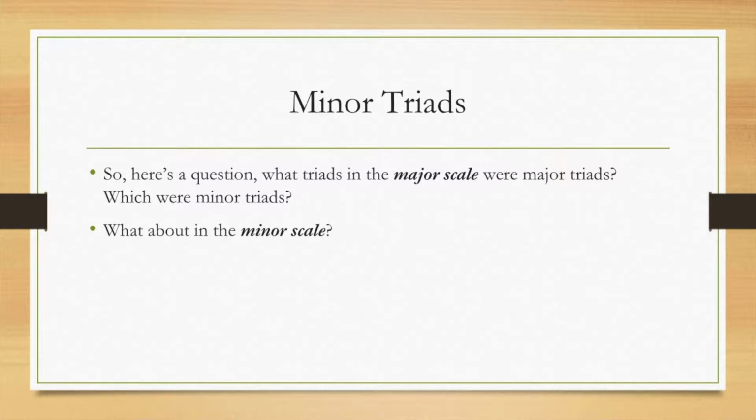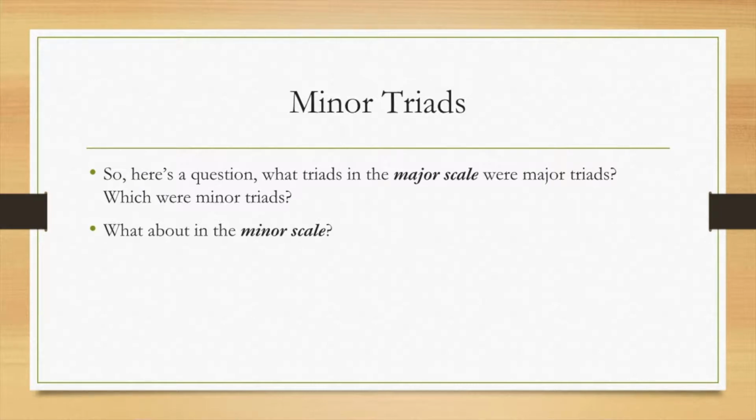On the 2, that was minor. If you started on D, no sharps, no flats, that was a minor triad. The 3rd was minor as well. 4th was major. 5th was major. 6th was minor. 7th was diminished. And the 8th was back to the tonic, or major.